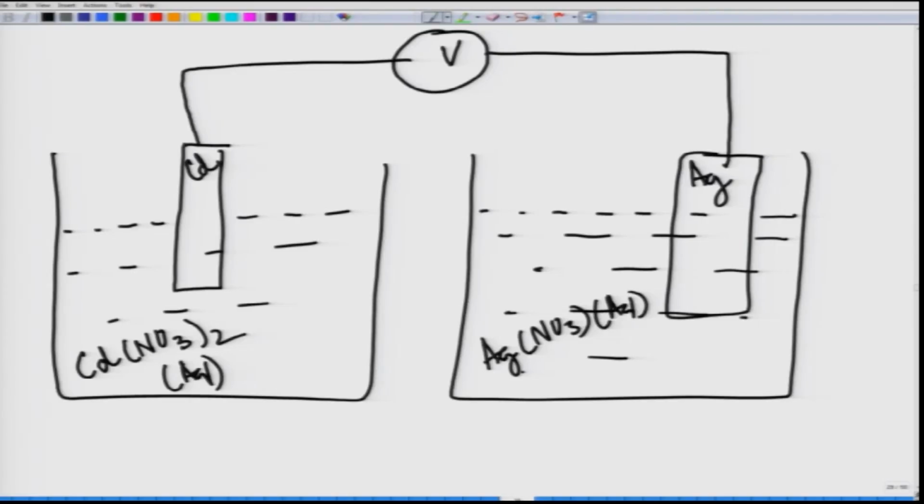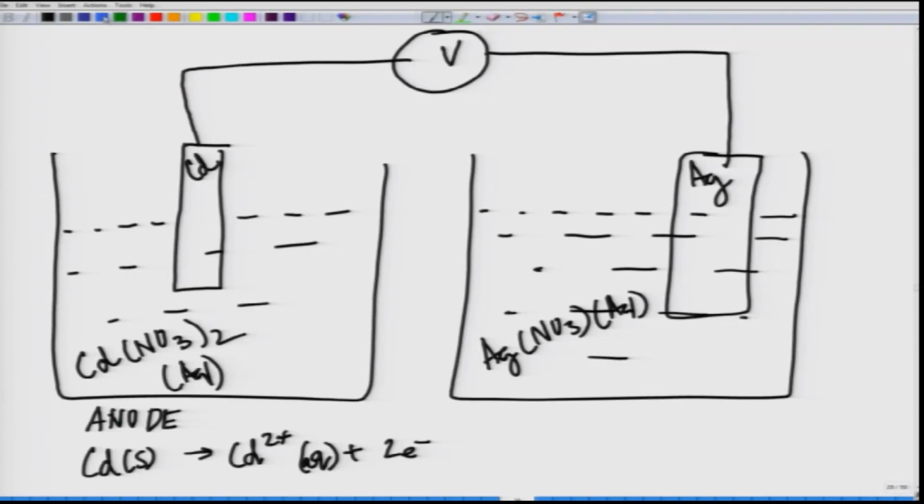Now, this is your anode, where the oxidation is happening, whereas Cd solid moves to Cd2+ aqueous plus 2 electrons. So, this is one side of the reaction.